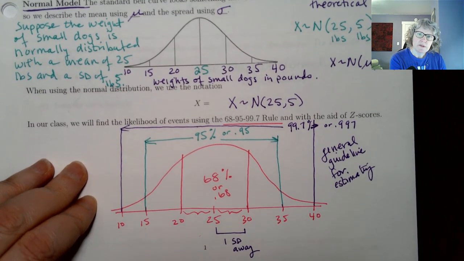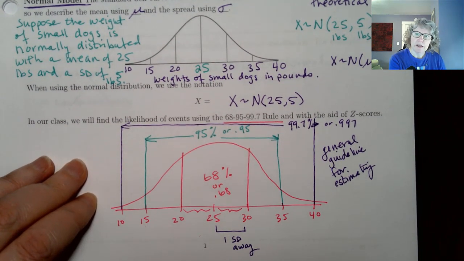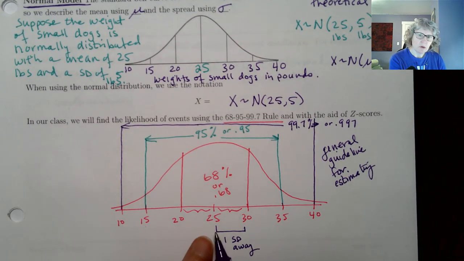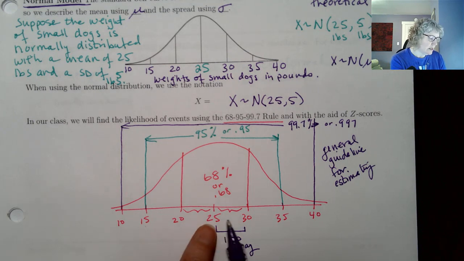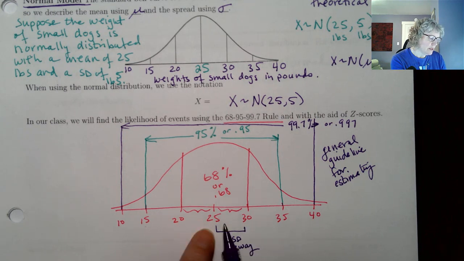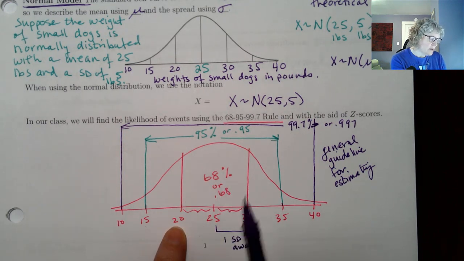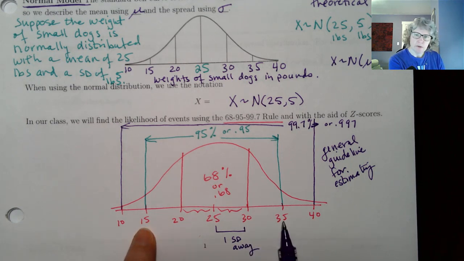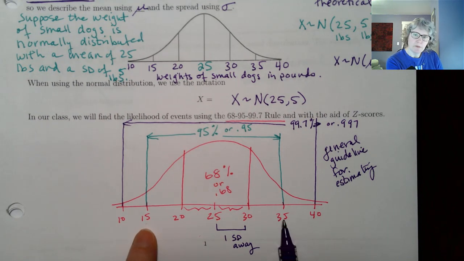Then we also reviewed the 68, 95, 99.7 rule. This is true for any normal distribution, whatever the mean and standard deviation are. If we go out one standard deviation, we capture 68% of the values or area. If we go out 2 standard deviations, we capture 95%.